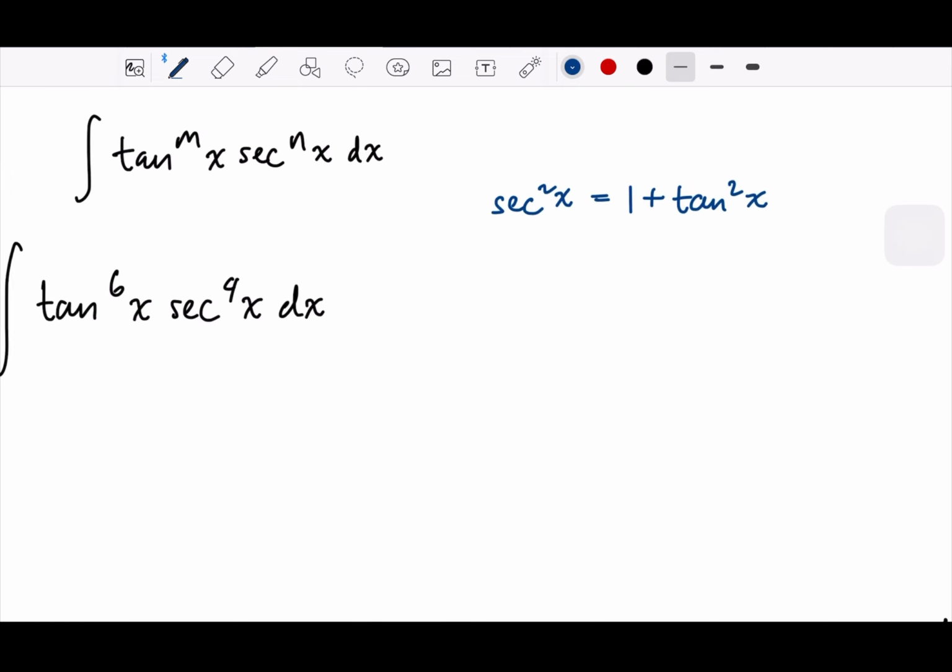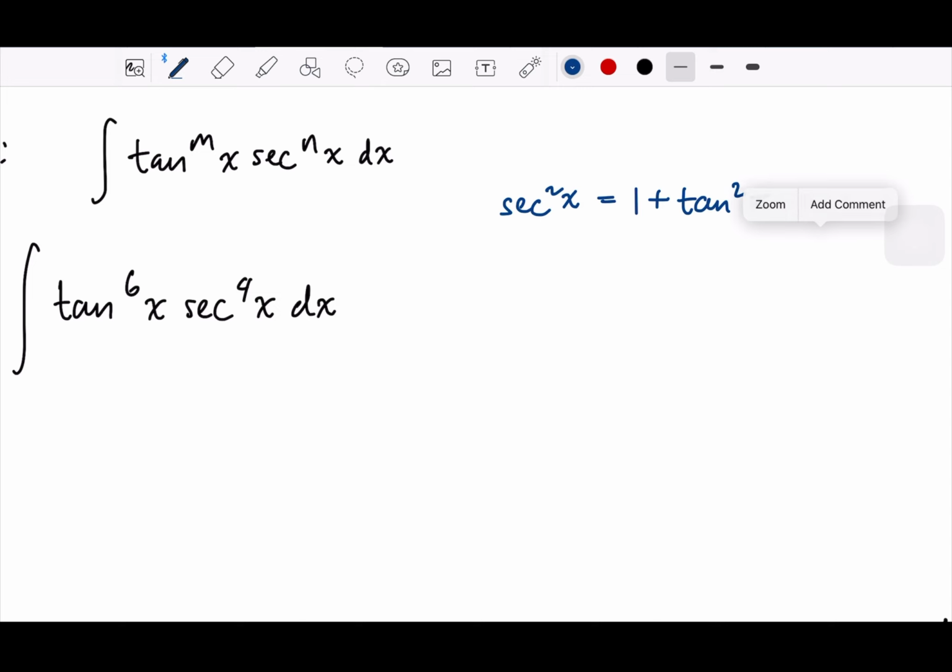Remember that when we differentiate the tangent, this will result in secant squared. Okay. So if we take a substitution for the tangent, when we differentiate it will be secant squared. So we may need to separate this tangent and secant.